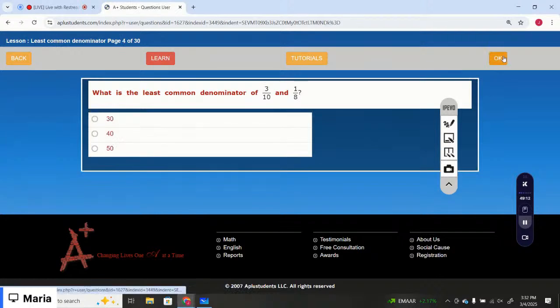What is the least common denominator of 3 by 10 and 1 over 8? So, which is the correct option?